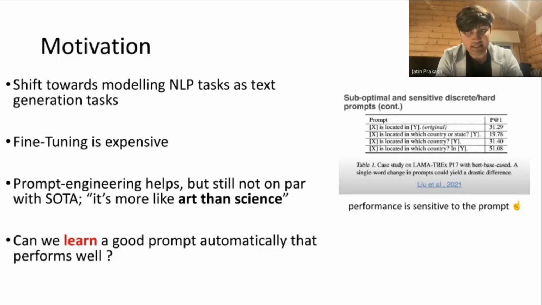But unfortunately, even using these carefully crafted prompts, we are not able to match the performance of fine-tuned models. Some people refer to prompt engineering as more of an art than a science. So the main question that this paper tries to answer is, can we learn a good prompt automatically that performs better than or on par with the fine-tuned state-of-the-art models? Because if they don't perform on par, it's not useful to us.